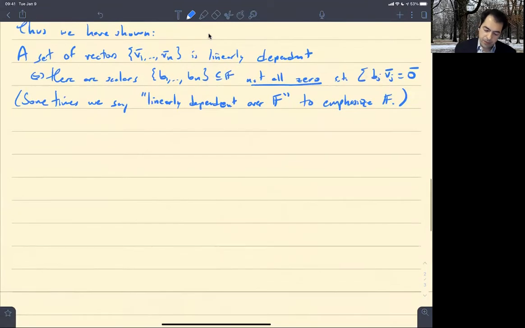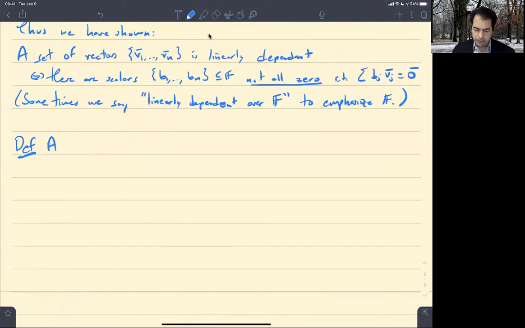Okay. So having defined linearly dependent, let's define linearly independent. So we'll say that a set of vectors or a list of vectors sometimes, so the difference between set and list in this class is that a list has an order, whereas a set does not have any order, right? Sometimes we want to think of sets of vectors as coming with an order, so we talk about the list of vectors.